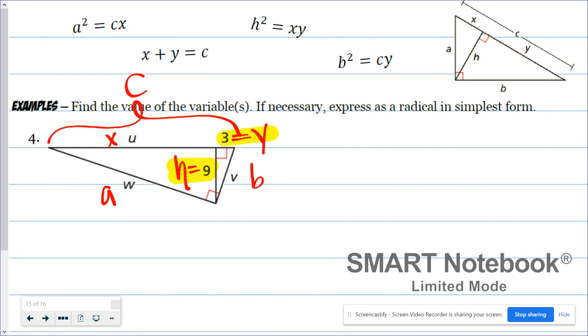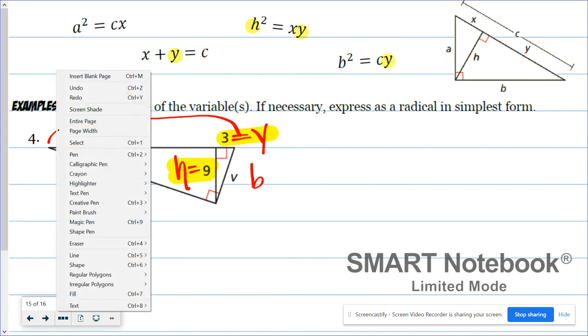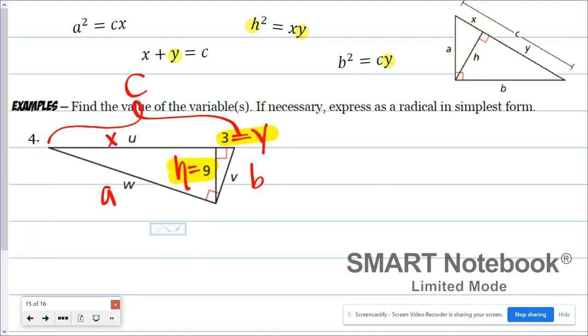But we know H and Y. And so if you consider all your relationships here, it makes sense for us to start with this relationship, that the altitude squared is equal to the segments of the hypotenuse multiplied together. I'm going to start with that.